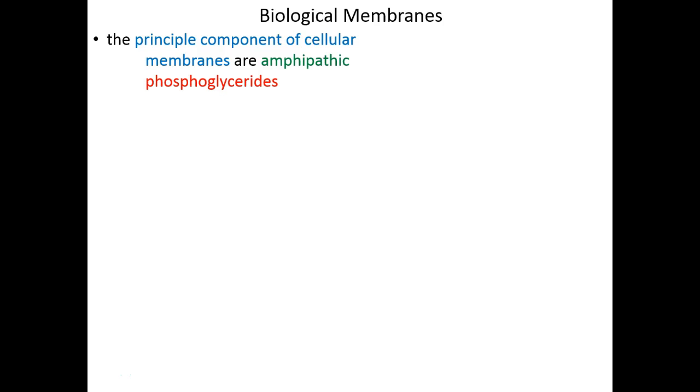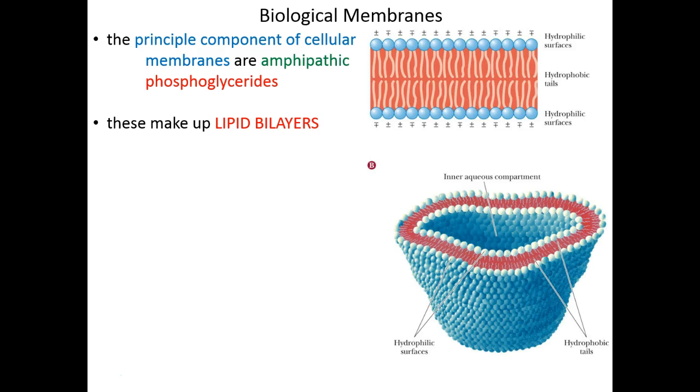The principal component of all cellular membranes are, as we've already said, these phosphoacylglycerols or phosphoglycerides, these amphipathic molecules that have two fatty acids and a very hydrophilic head group, comprised of a phosphatidic acid and an alcohol as well. And these phosphoglycerides make up the lipid bilayer. And here they are, we can see them.